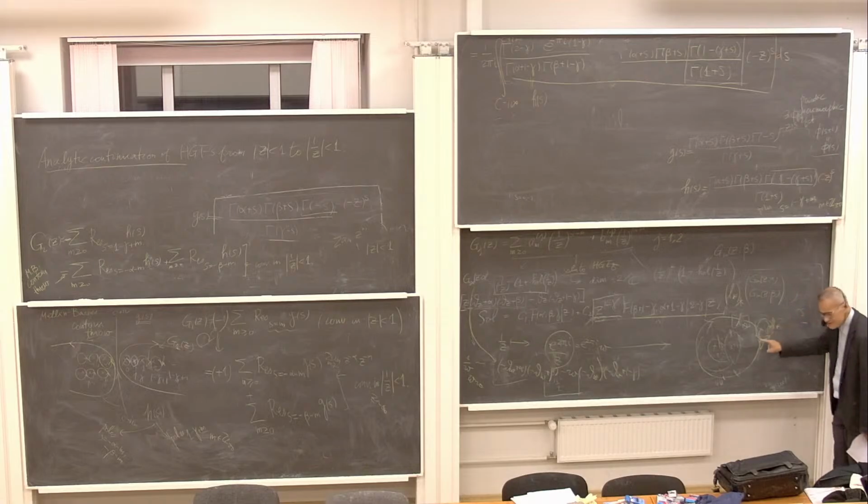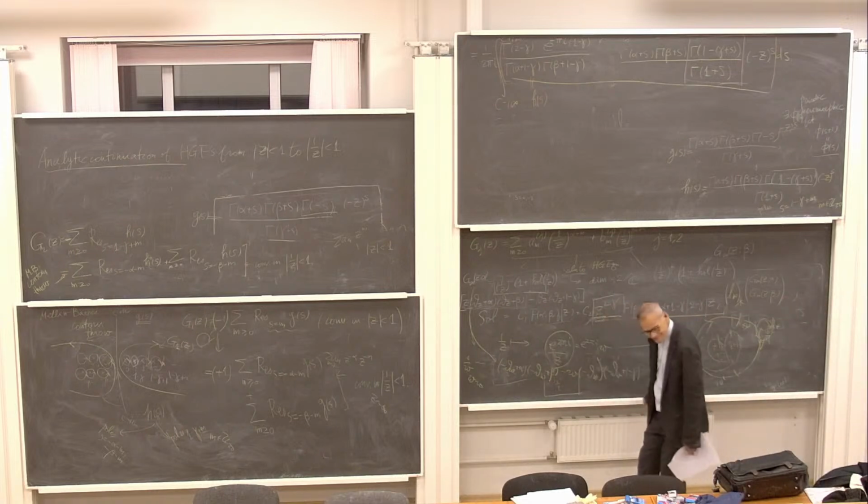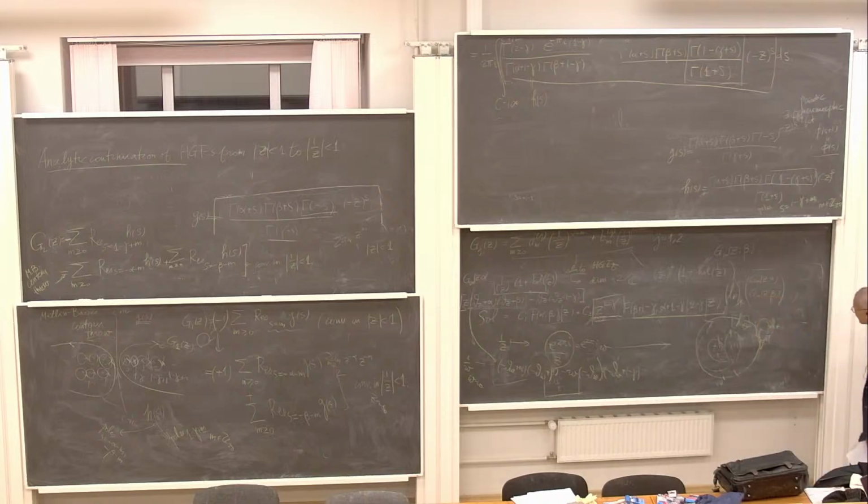Small loop around infinity, around z equals infinity. No, small turn around w equals 0. It will give you very simple monodromy Z alpha. Yes.